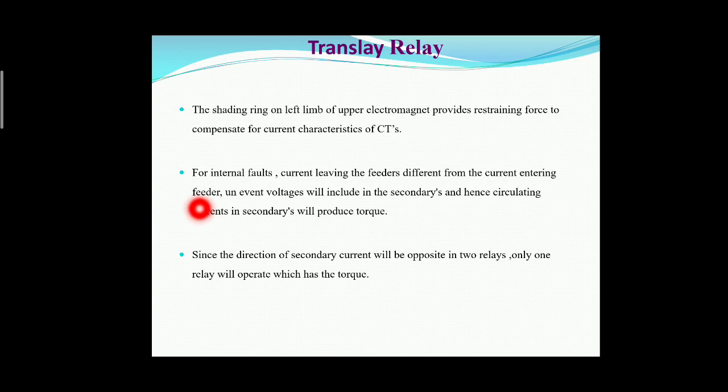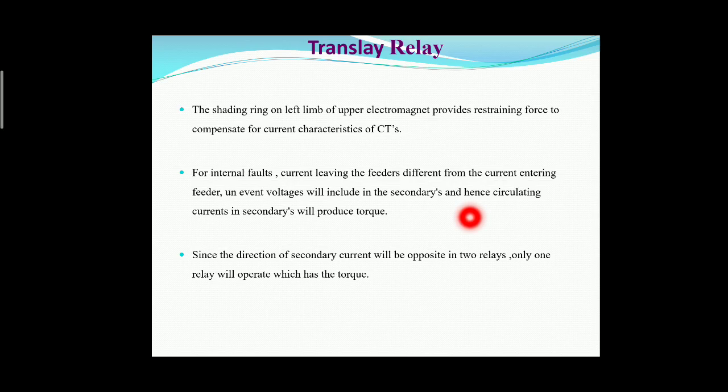But in the case of an internal fault, the current leaving the feeder differs from the current entering the feeder. That means uneven voltages will be induced in the secondaries, and hence circulating currents in the secondaries will produce the torque.